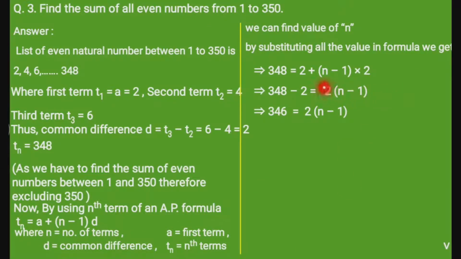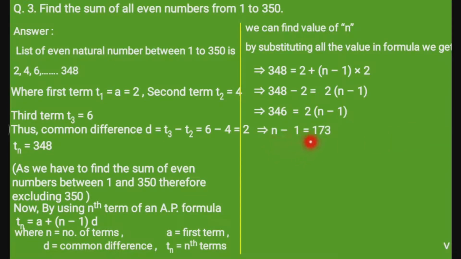Now we multiply this second bracket by 2. So before that we transfer this plus 2 to left hand side, we get minus 2. So 348 minus 2 is equals to 2 into (n minus 1). So this 348 minus 2, we get 346. So we divide this 346 by 2.